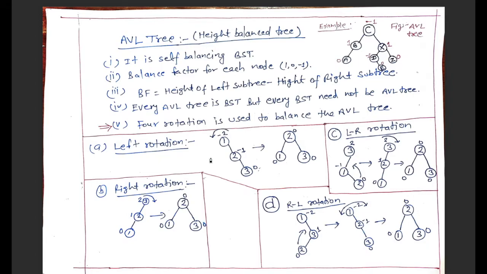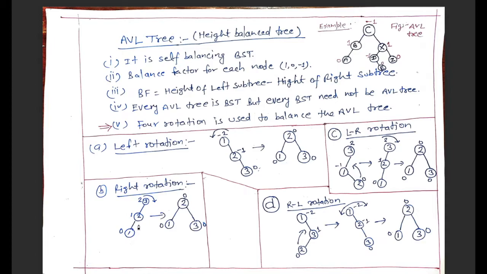Now see here, right rotation. In the right rotation, suppose you are inserting the numbers 3, 2, 1. The first node is 3 that you have inserted. Again you insert 2, which is less than 3, so it will come to the left of this one.